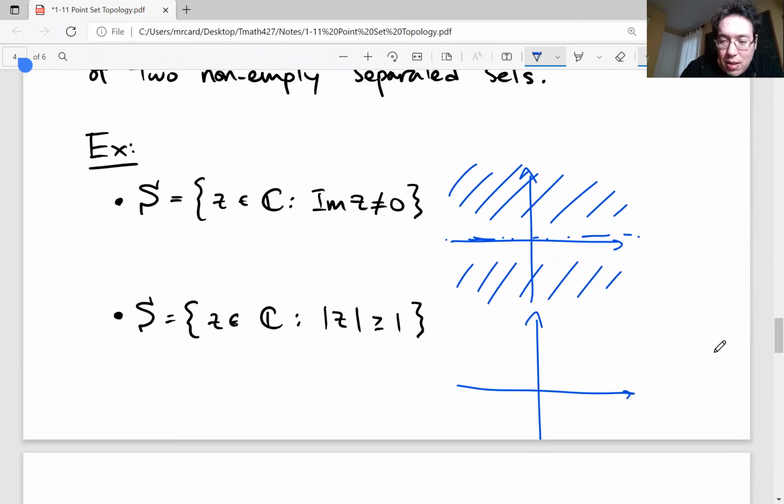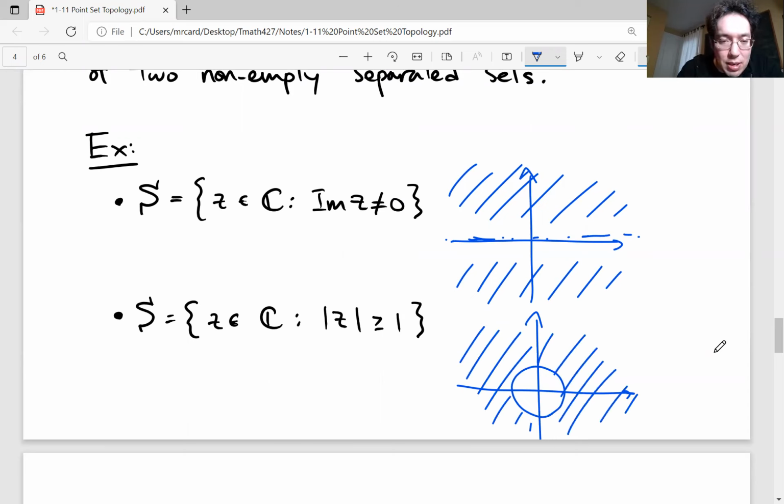Okay. An example of a connected set. So this is any complex number where the modulus is greater than or equal to 1. So everything that's not within 1 unit from the origin, I guess. So this set has a hole in it, but you can't separate them into two pieces.